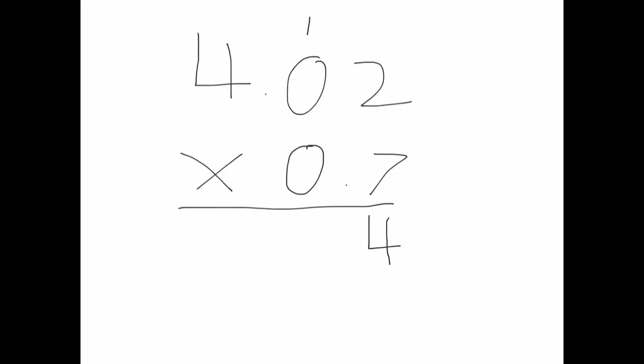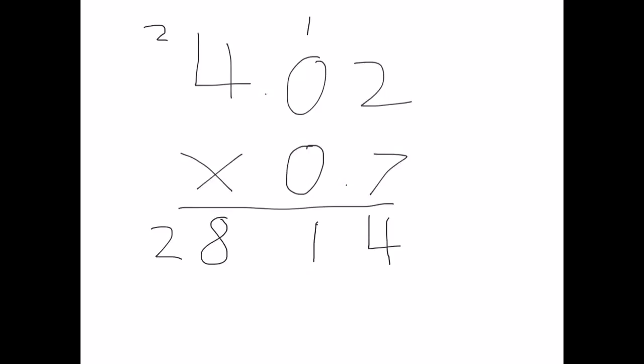Then 7 times 0, that will equal 0, but then plus 1. Then I'll do 7 times 4, which is 28. And then 0, you don't really have to worry about, because everything will just be 0 from there.